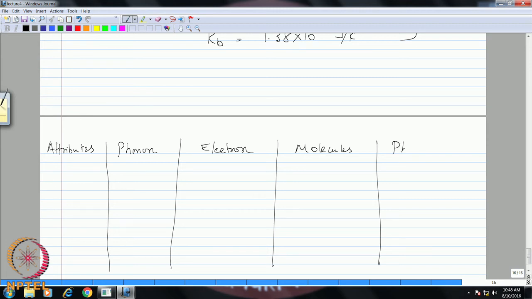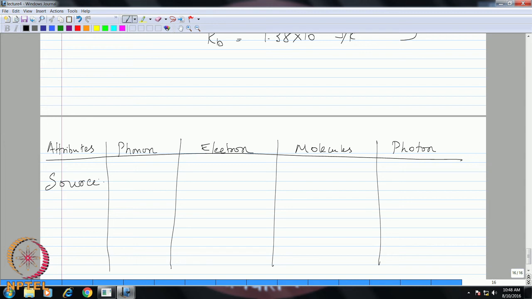Photons. So, all the energy carriers that we know. What are the attributes? First we will define source, where do they originate from?